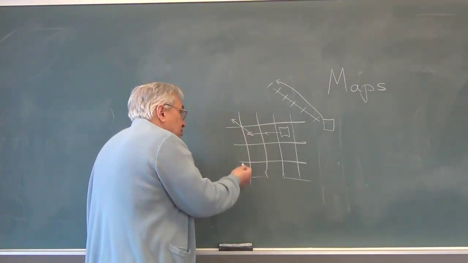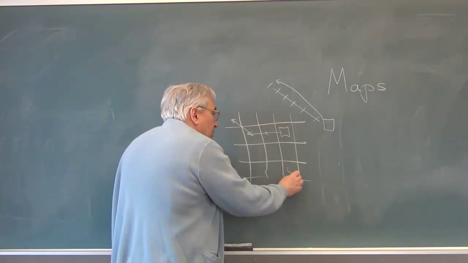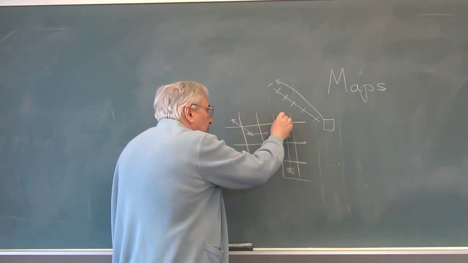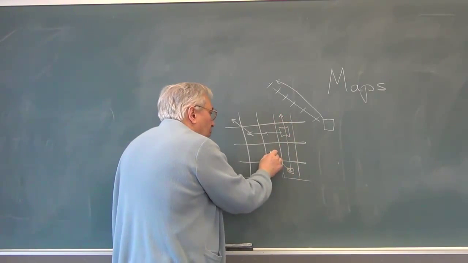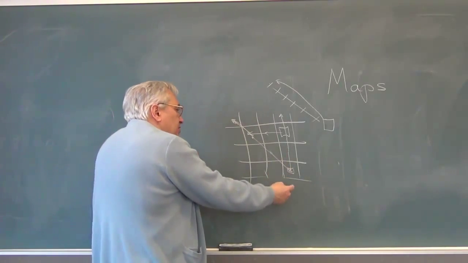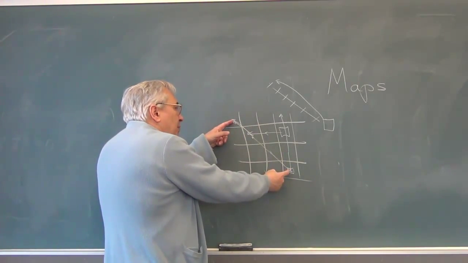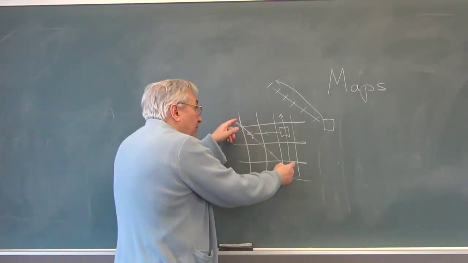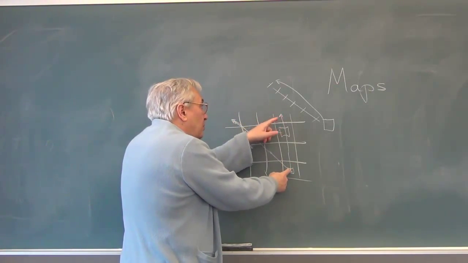Simplest case, this is a square grid. I'll start down here. I could move 1, 2, 3 this way, or 1, 2, 3 that way. But you notice this is the hypotenuse of a right triangle. This is one of the two legs.